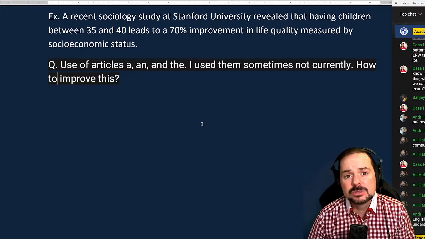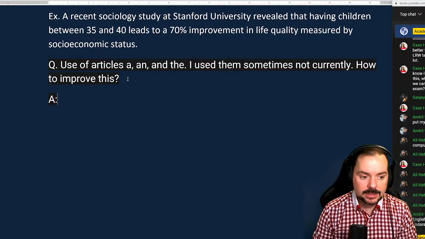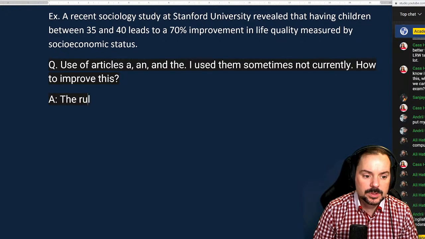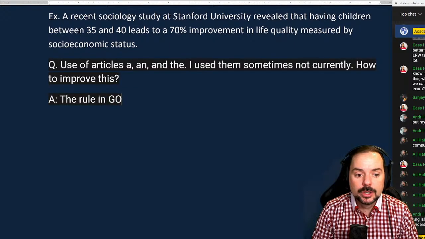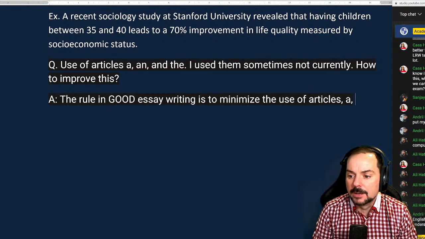Don't make mistakes using articles. The rule in good essay writing is to minimize the use of articles: a, an, and the.